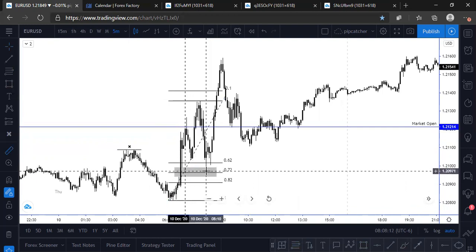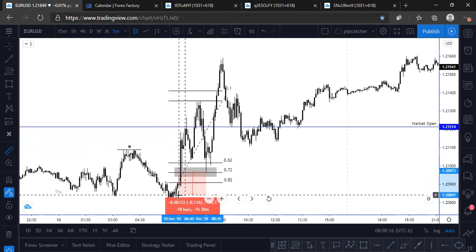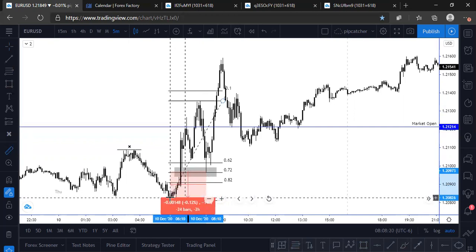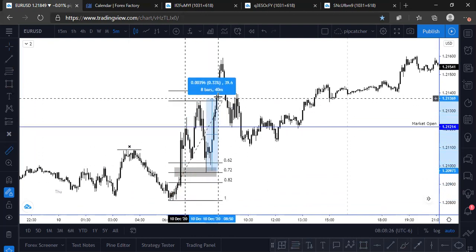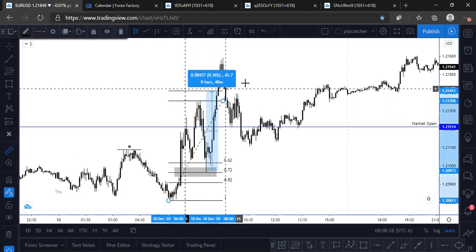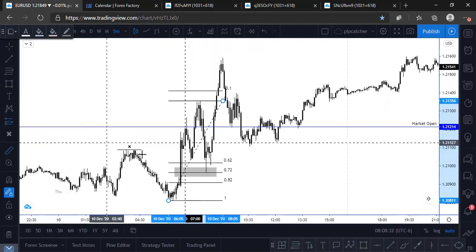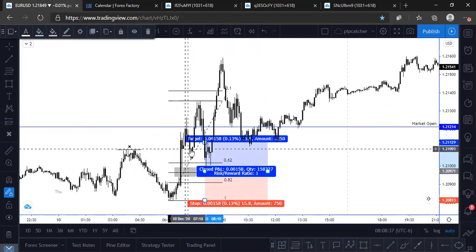So let's say we entered 50% of this. We had a literal 1 pip drawdown. You could have had, I can't see the number, 14 pip stop loss for a potential of 43 pips in profit. So let's see what the risk to reward ratio is on that.